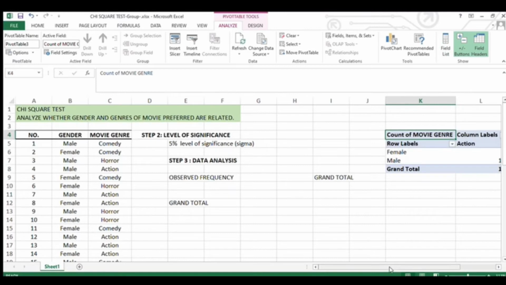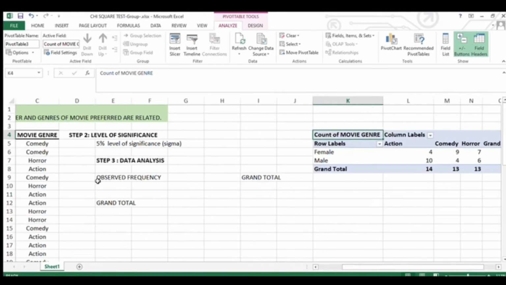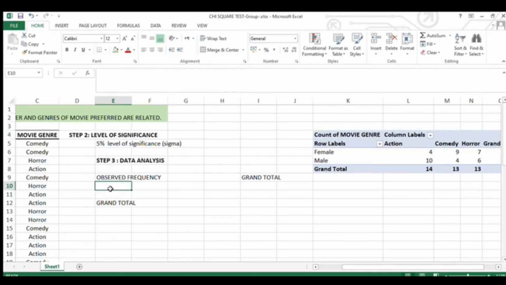Then you have the table data, and the data from the pivot table is just the same as the observed table. So what you have to do is just copy and paste it.